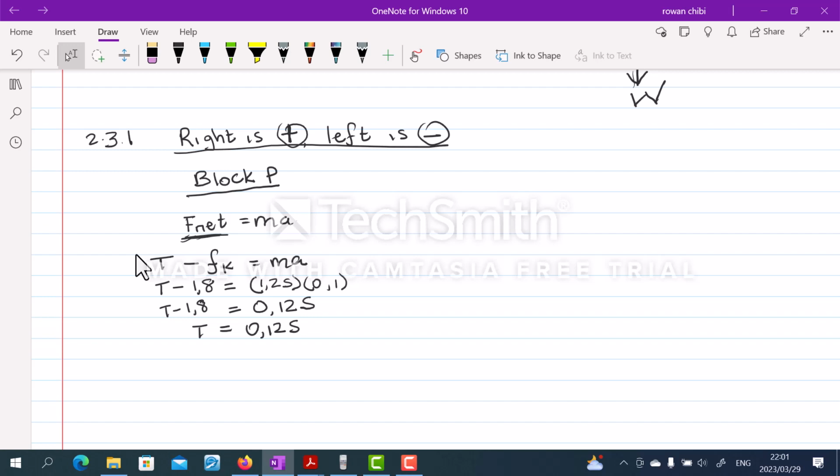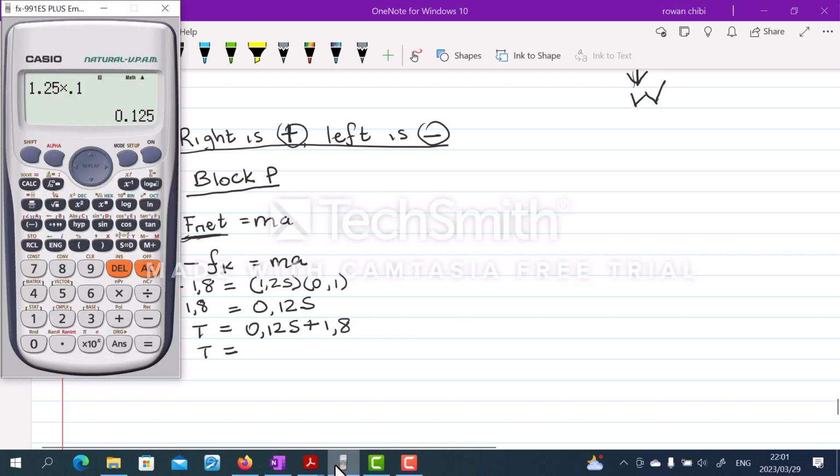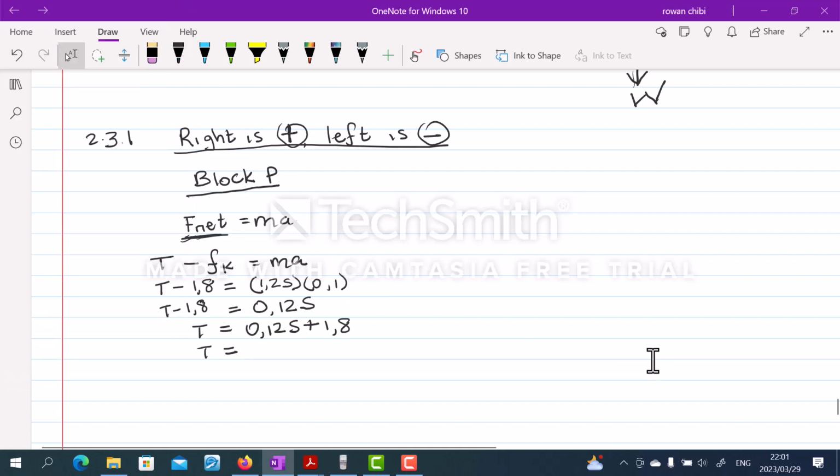The friction was negative, so when you put it to the right, it's going to be positive. So your tension will be 0,125 plus 1,8. Your answer is 1,93. The tension is 1,93 newtons.